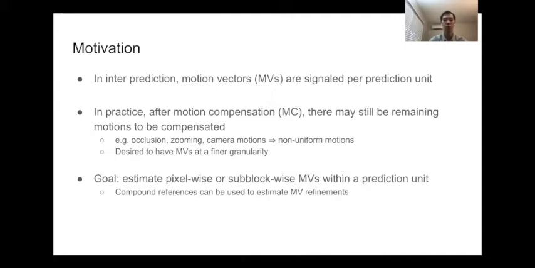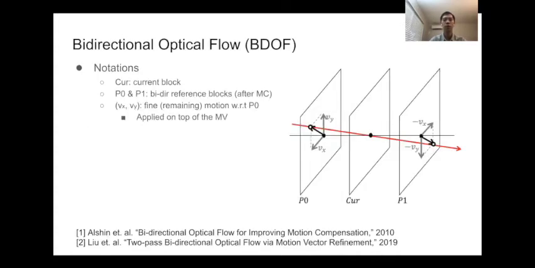So the goal here is to estimate pixel-wise, or more practically, subblock-wise motion vectors within the prediction unit. And the compound references would be useful information to get such motion vector estimates. So here's a brief introduction for how bidirectional optical flow works.